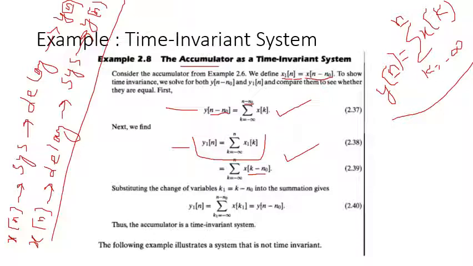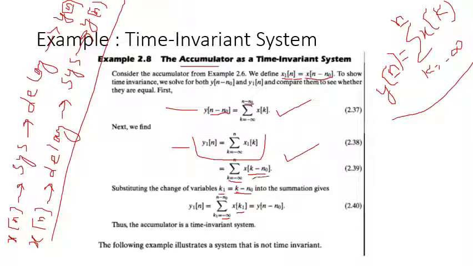If I replace k minus n naught with k1, another variable, this will become x of k1.